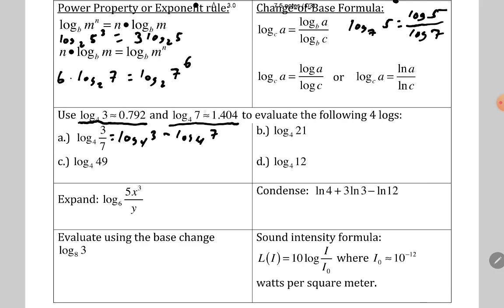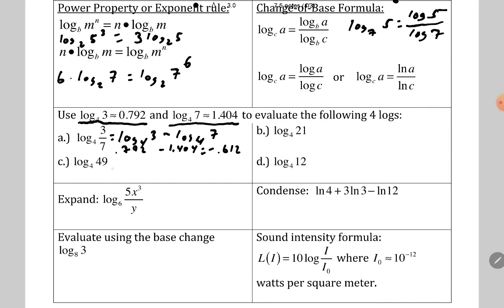And since we know what log base 4 of 7 is and log base 4 of 3, 1.404, oh sorry, this one is log base 4 of 3, so 0.792 minus 1.404, and that'll give us, a calculator problem anyways, 0.792 minus 1.404, negative 0.612.